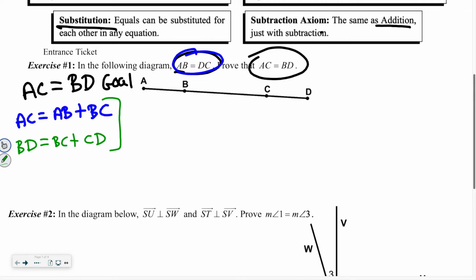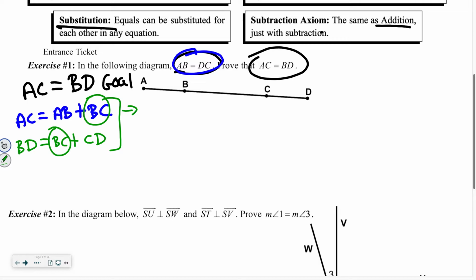Well, how do I continue this? I notice here that BC is in both of these equations. Here's a BC and here's a BC. So I have a system of equations now. Back from algebra, I have the top equation and I need to solve for BC.